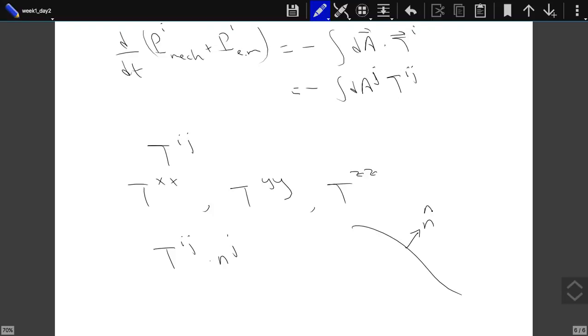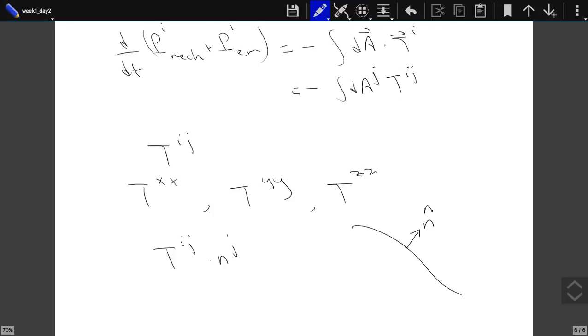So Ti, if I call it a vector, is the vector that describes the flow of the I component of my momentum. Well, the component that is passing through my surface, I can obtain by just taking its scalar product with n.